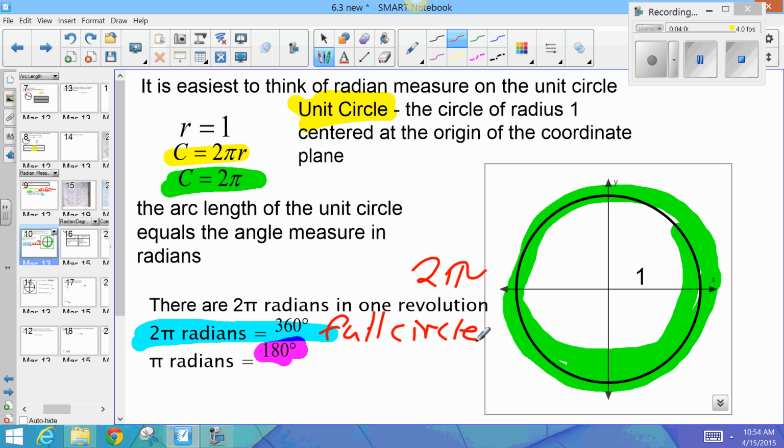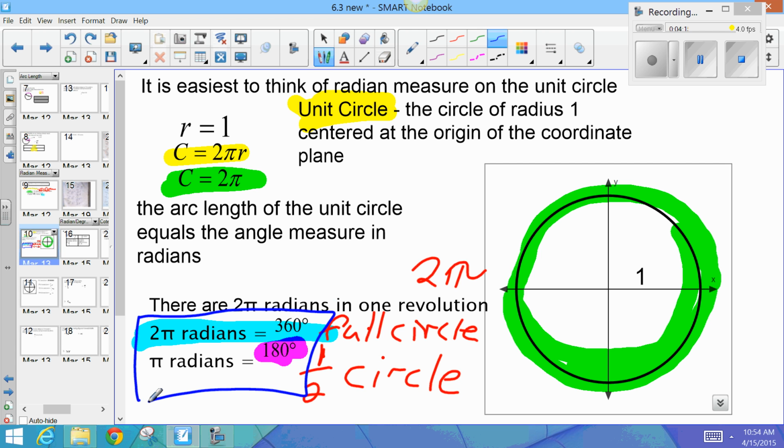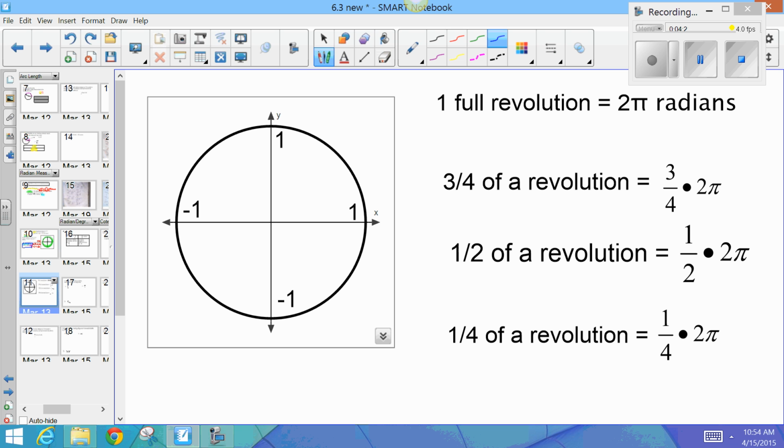And in half a circle, there are pi radians, or 180 degrees. These are 2 things down here that you need to memorize. There are 2 pi radians in a circle and pi radians in half a circle. So here's what I just said. 1 full revolution is 2 pi radians.